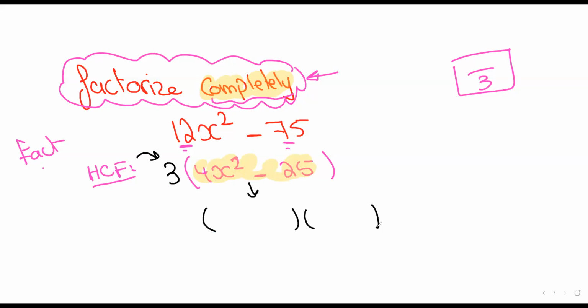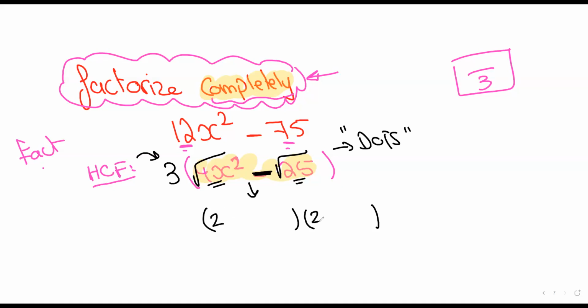And again, to work it as difference of two squares, I must have a different sign, and I must be able to take the square root of all the items in the two terms. If I can't take the square root of any of the items, this is not a DOTS question. Here, yes I can.